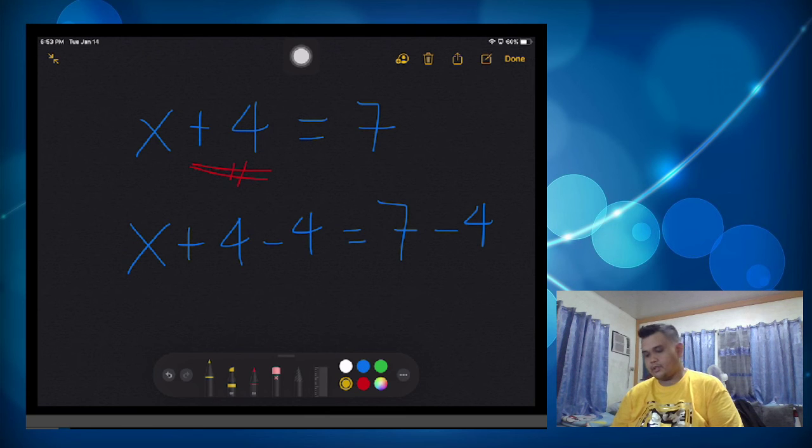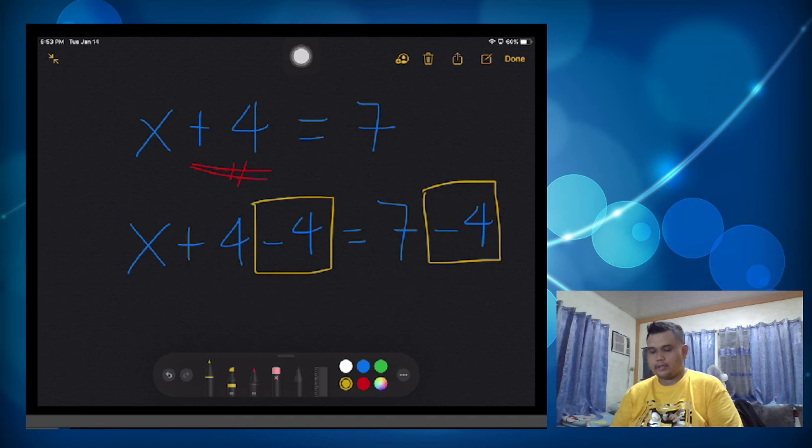You might ask me, Teacher Mark, where did you get the minus 4? Again, as the golden rule says, since we subtracted 4 from positive 4 to make it equivalent to 0, what you do on one side, you do on the other side of the equation.